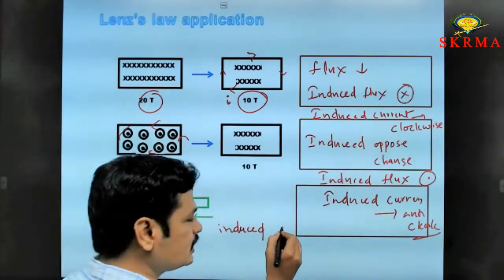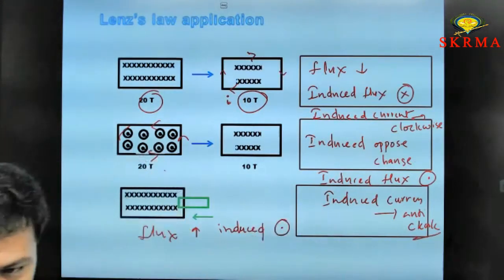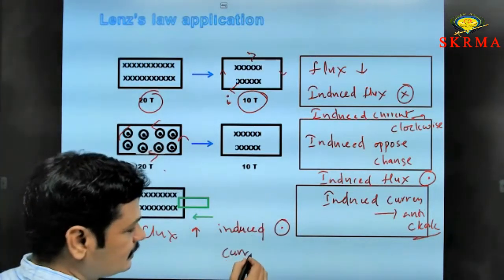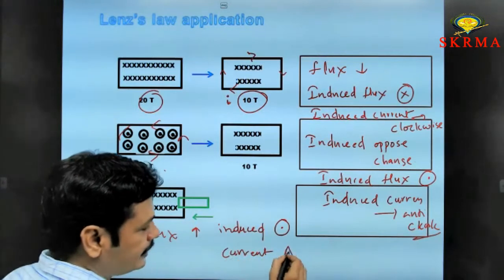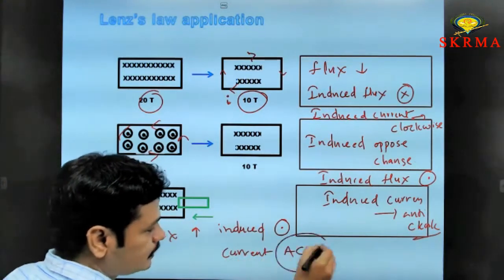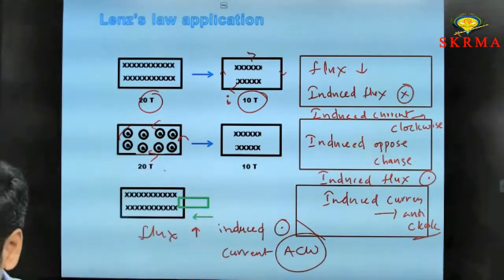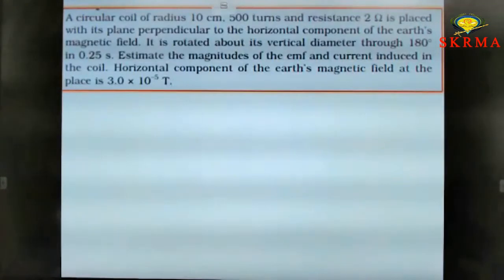Means the induced flux is out of the page. Whenever it is out of the page, the induced current is anti-clockwise, ACW. These are the key applications of Lenz law. In the same way, you can discuss based upon that one.